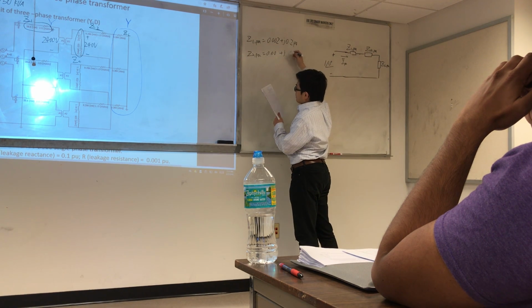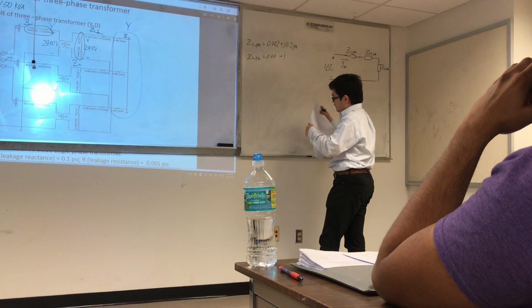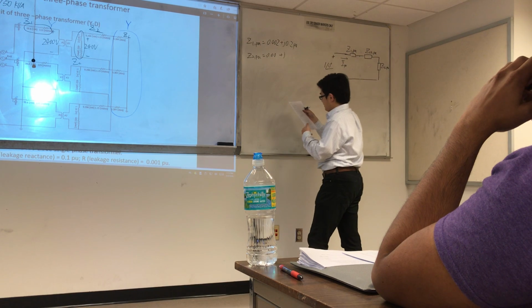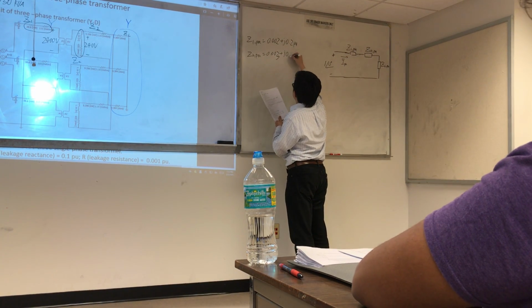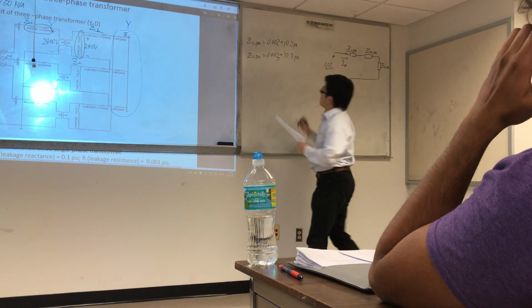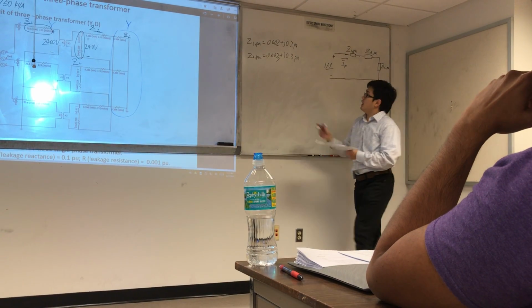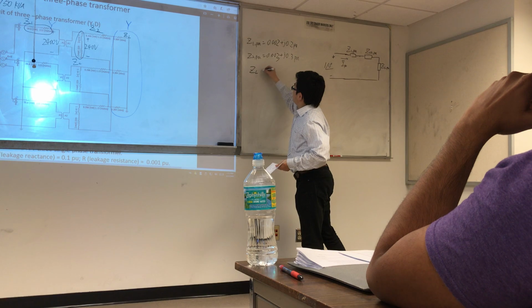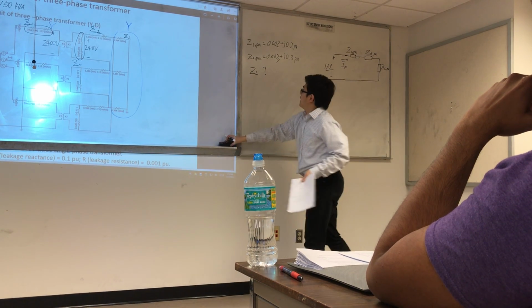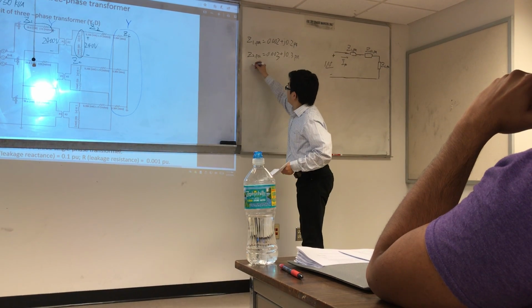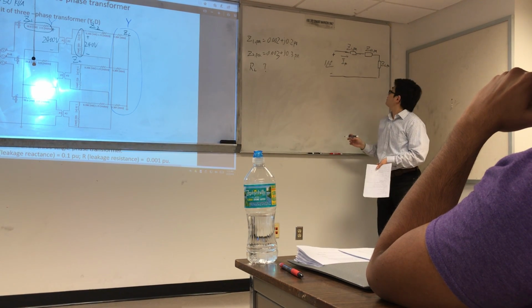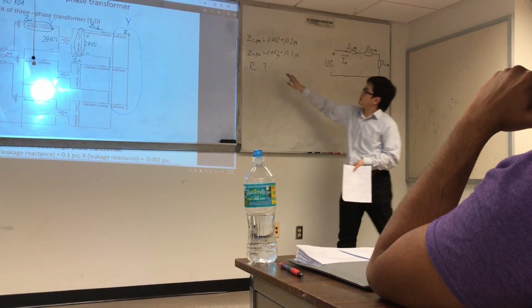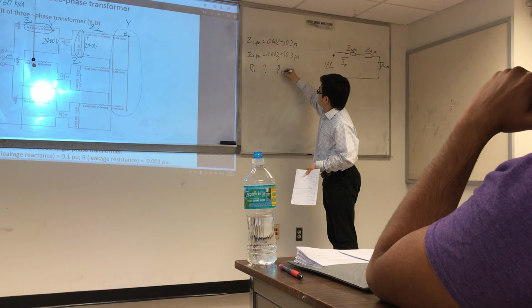This is 3.3. Right now we don't know what your Z load is, and actually this is R, resistance only. So what is R? Find the P maximum.